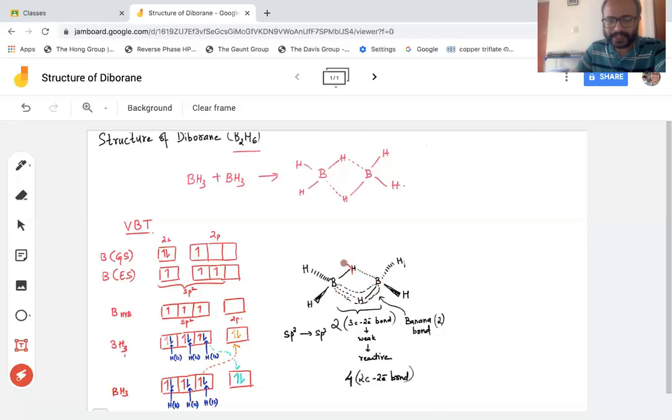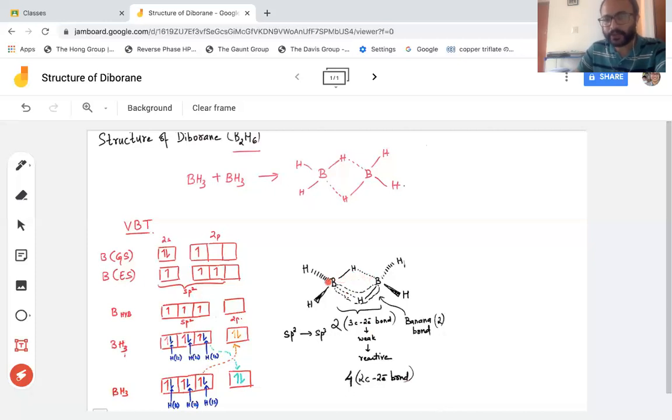If we consider this as the covalent bond attached to this boron atom, this bonding electron gets transferred to the empty p orbital of the other boron atom. Thereby this bonding electron is now oscillating between these two boron atoms.